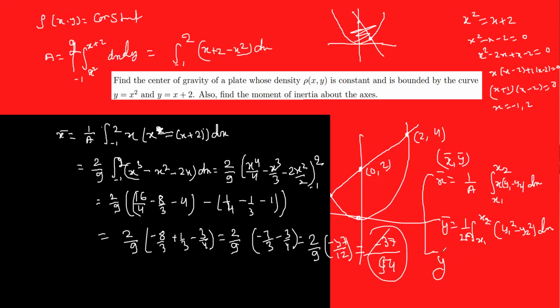Y bar is 1 upon 2a, x1 to x2, y1 square minus y2 square. Note this formula for x bar and y bar.